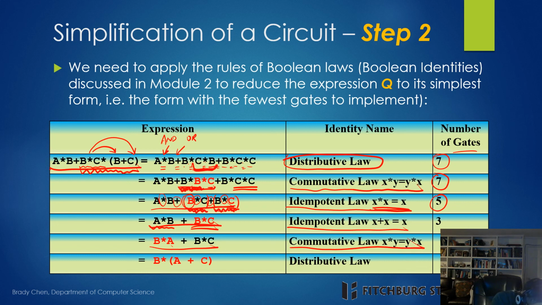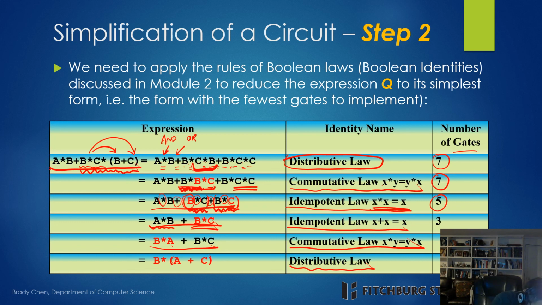So why do we want to do this? Because now we see that there's a common factor in both terms. First the B times A, the second B times C, then you can use the distributive law and you can take the B out. So now we have B times parenthesis A plus C.